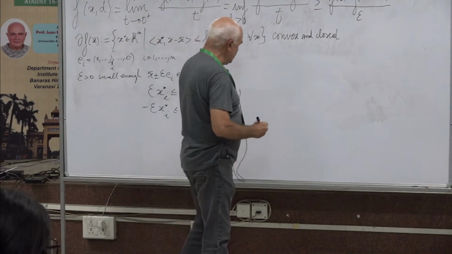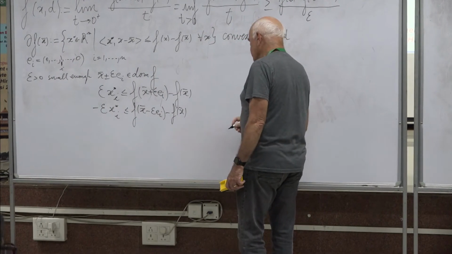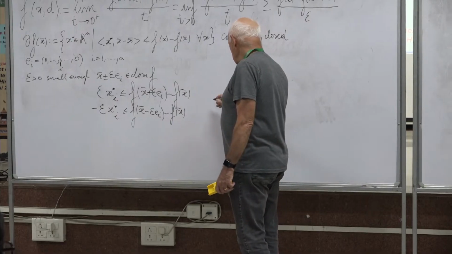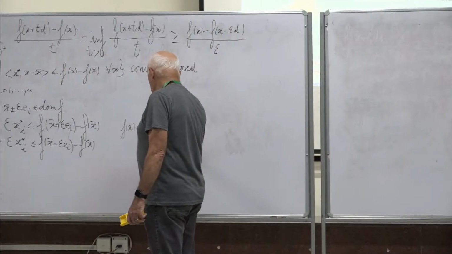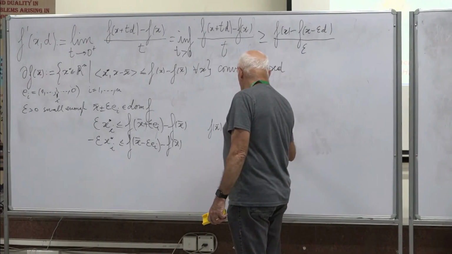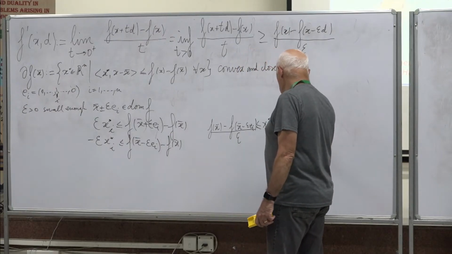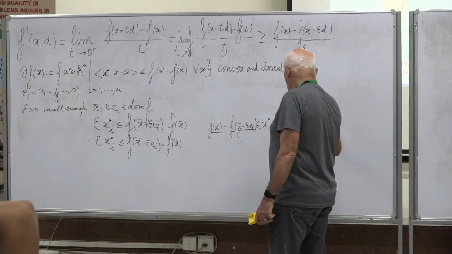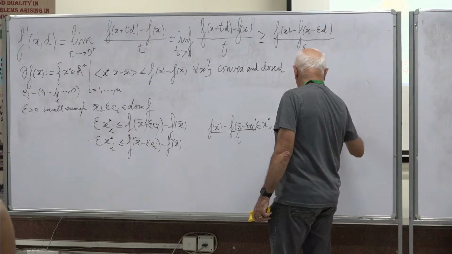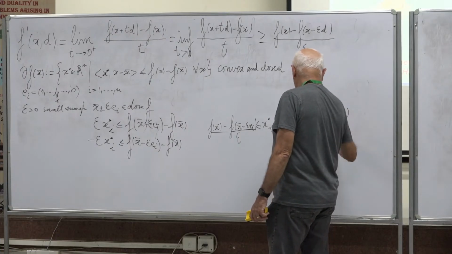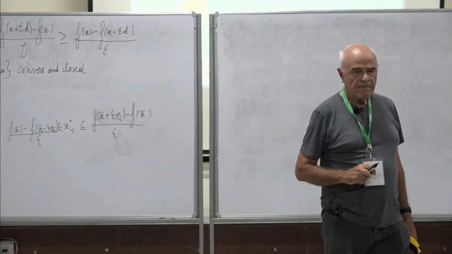So, in conclusion, x star i is between f of x bar minus f of x bar minus epsilon e_i divided by epsilon, and f of x bar plus epsilon e_i minus f of x bar divided by epsilon, if I am not wrong. Is this correct?